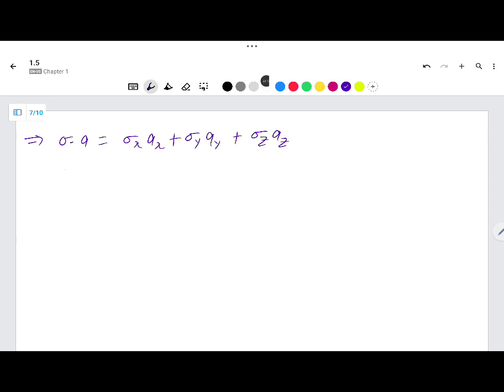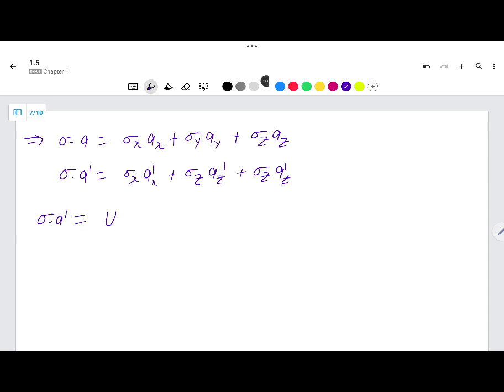And then there is a different set, and we need to find the prime and unprimed relation. So for that, how is this sigma dot A prime defined?